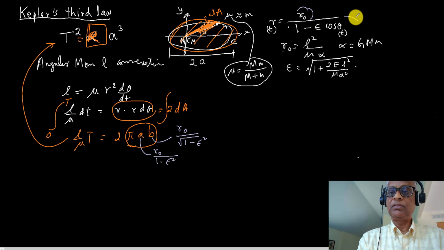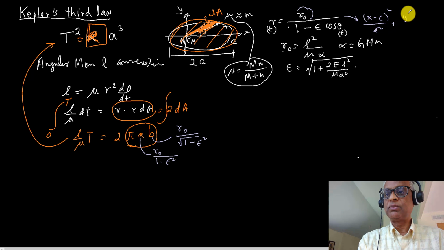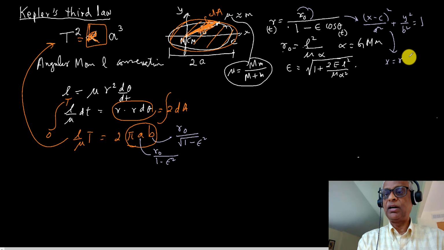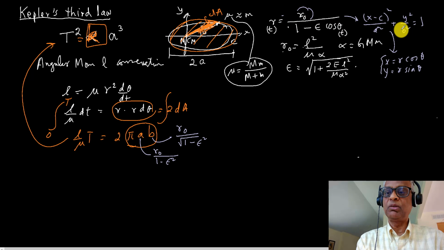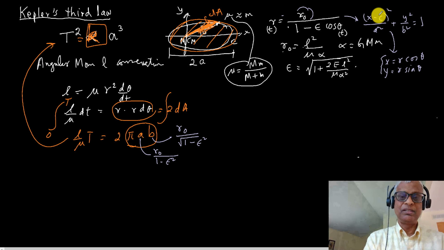You can show this from here. You can try to say (x minus c) square over a square plus y square over b square equals 1. You can convert this equation by knowing x equals r cosine theta and y equals r sine theta. If you put this in and carry out the calculation, you can figure out what a has to be, what b has to be, what c has to be. And c is the distance to the center.